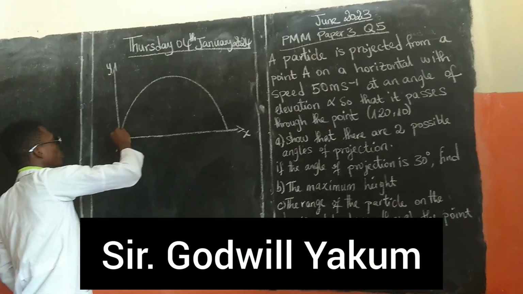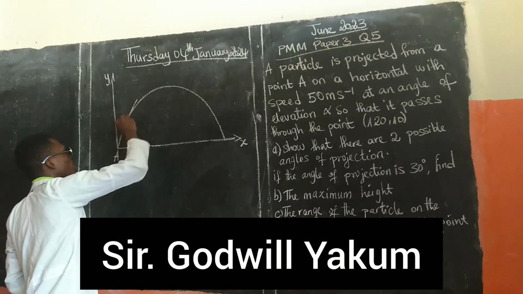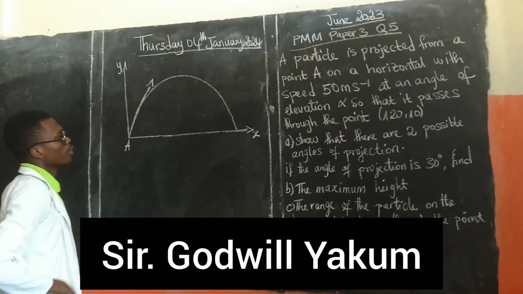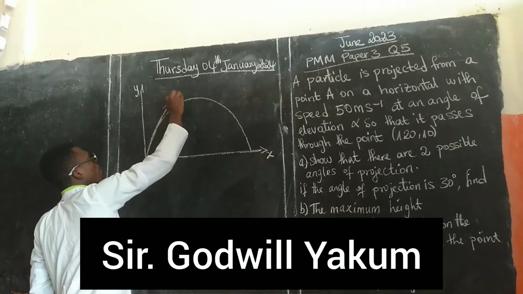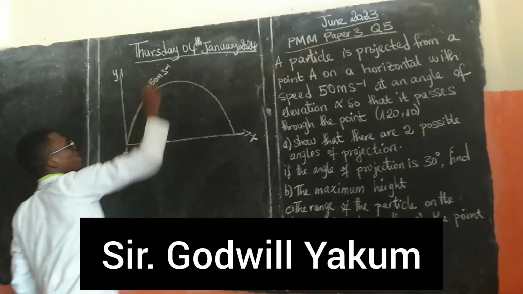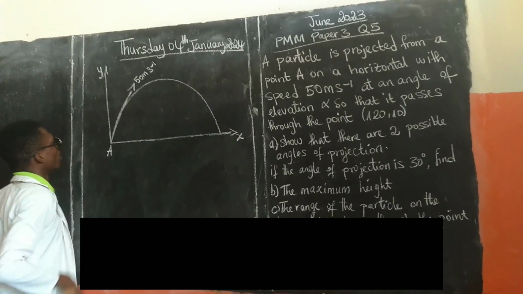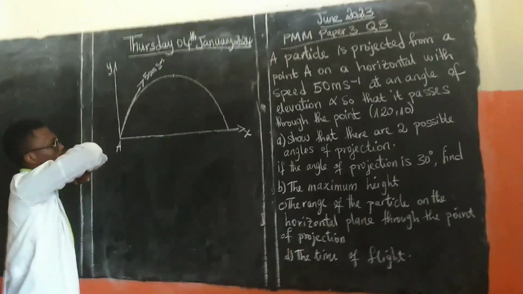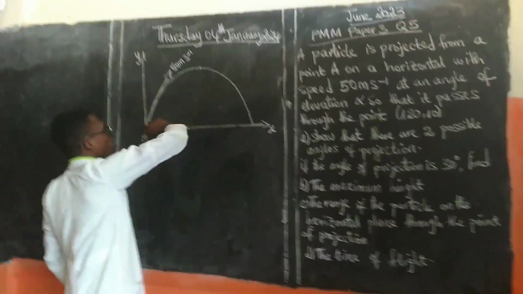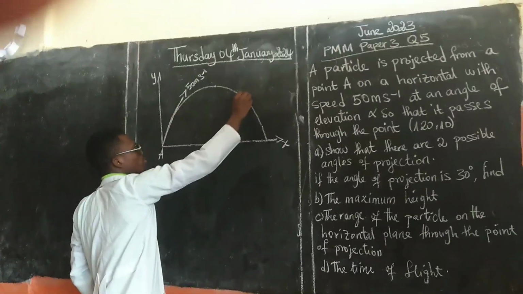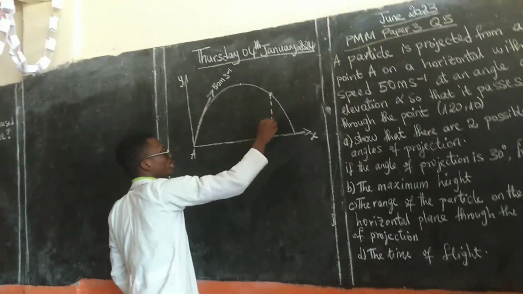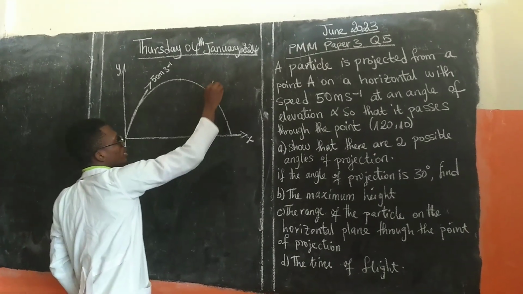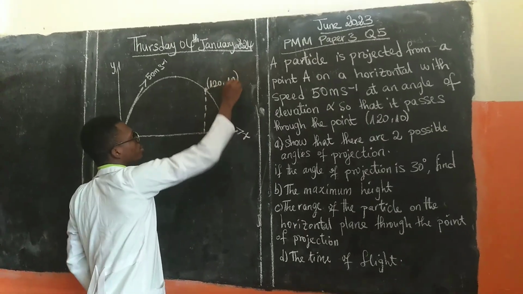Now it is projected with a speed of 50 meters per second. This point here is going to be the maximum height, h max, and it passes through a certain point. It passes through the point (120, 10).